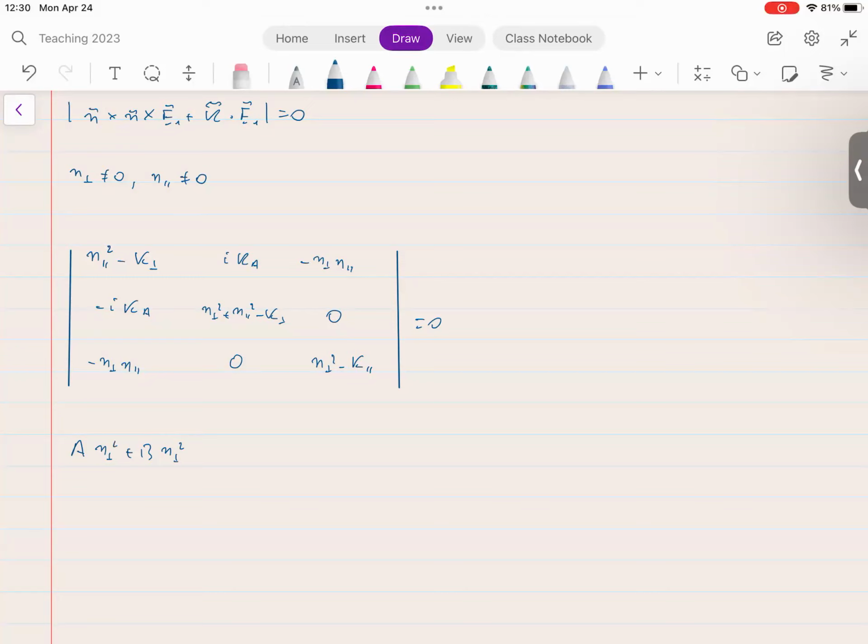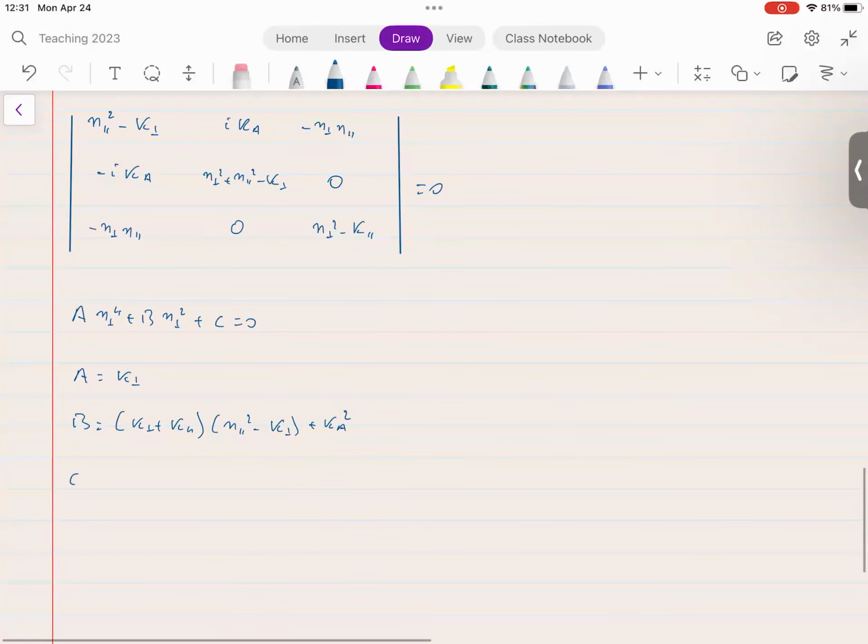So this is a n perp to the 4th plus b n perp square plus c equals 0, where a is just k perp, b is k perp plus k parallel times n parallel square minus k perp plus k sub a square.